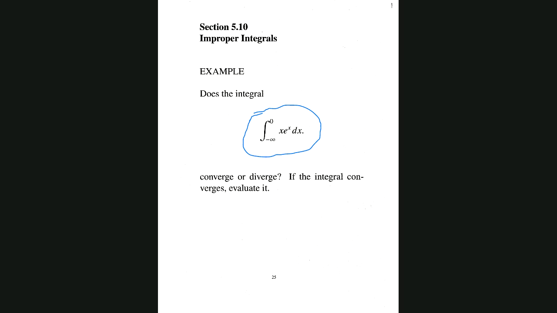This integral is from negative infinity to 0 of x times e to the x dx. And they're calling it an improper integral. Why is that improper? What makes this integral different from what you've seen in the past?